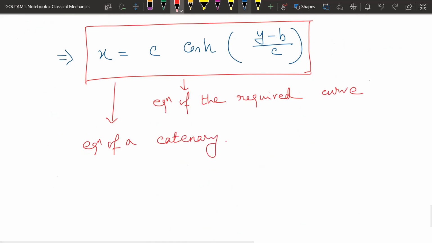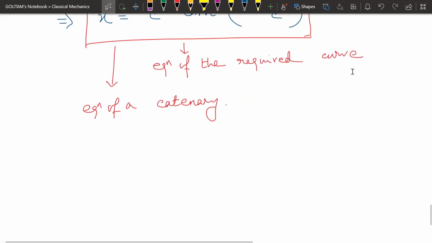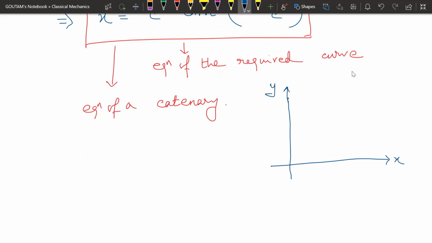Okay, it looks like this. So in the xy plane, it looks like this. So it's not a parabola.